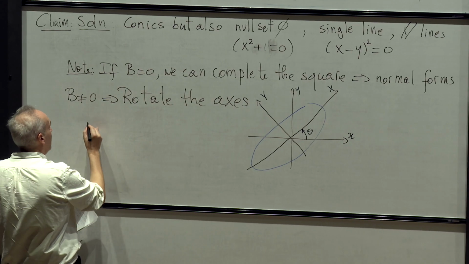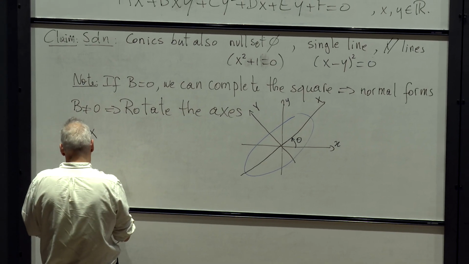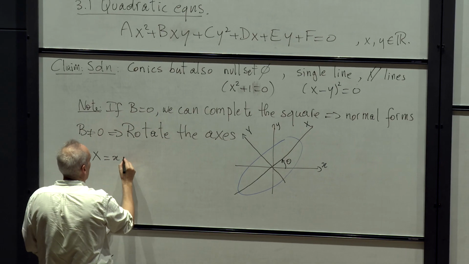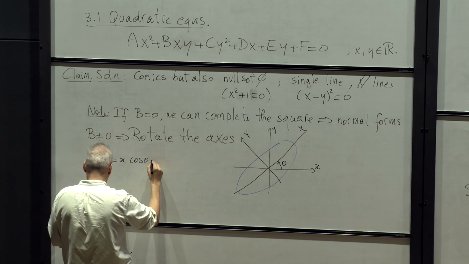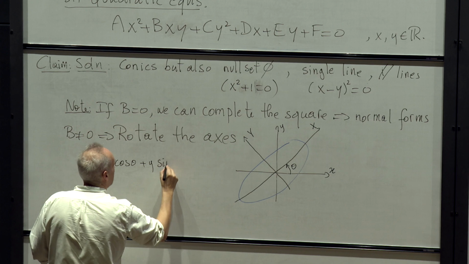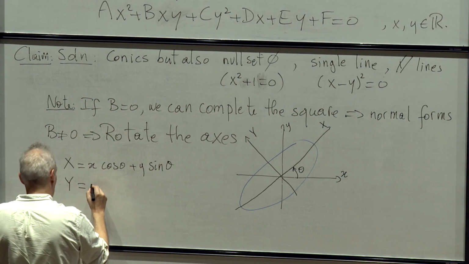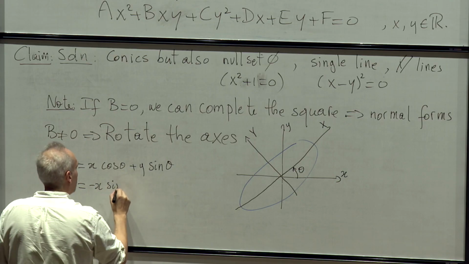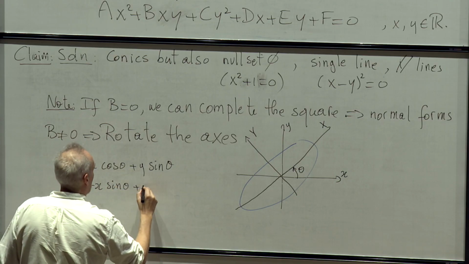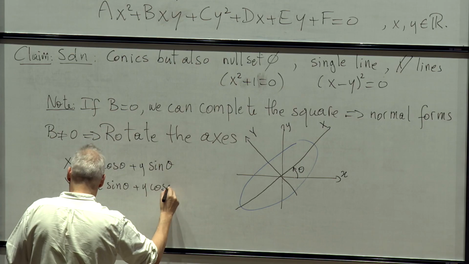So what is this rotation? Well, the new coordinates are X equals x cos theta plus y sin theta, if you look at the image, and Y equals minus x sin theta plus y cos theta.